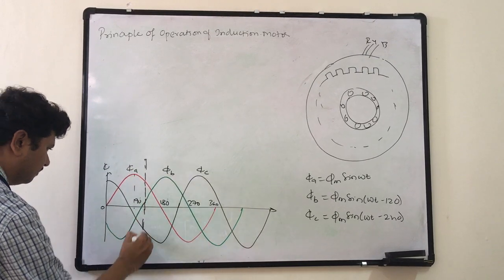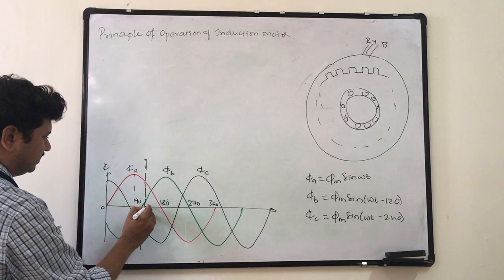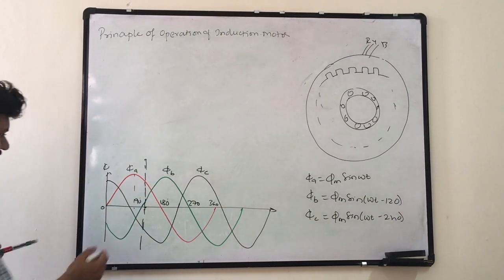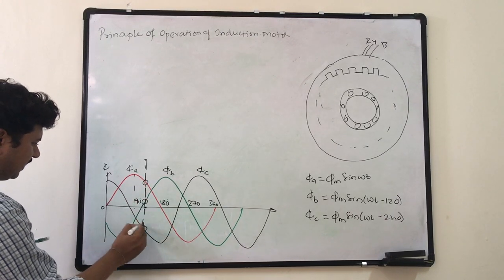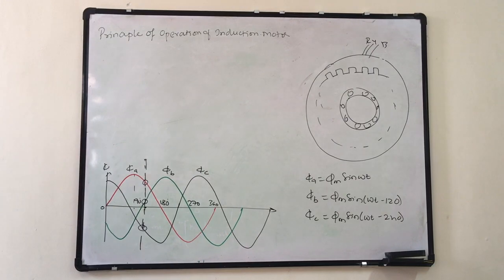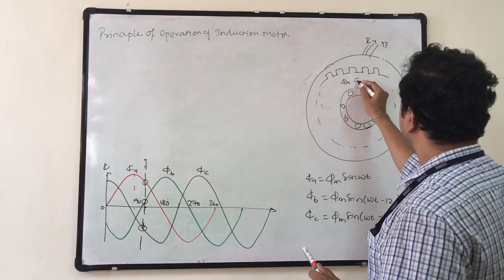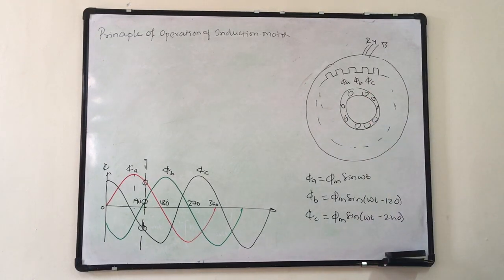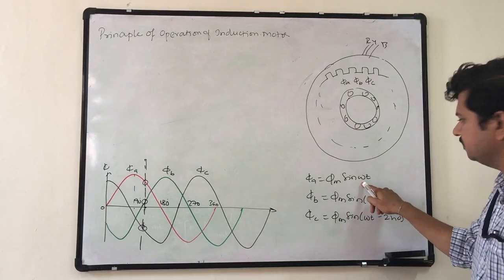Okay, so at this time instant, which is just greater than 120 degrees, phi A is existing, phi B is existing, phi C is existing. So these three are existing in the same space. Here I have phi A, here I have phi B, and here I have phi C. The direction of phi A, phi B and phi C and their magnitude depend upon the value of omega t.